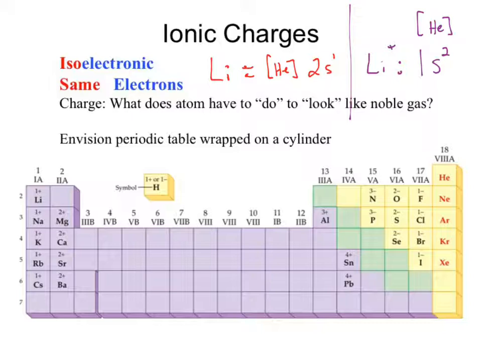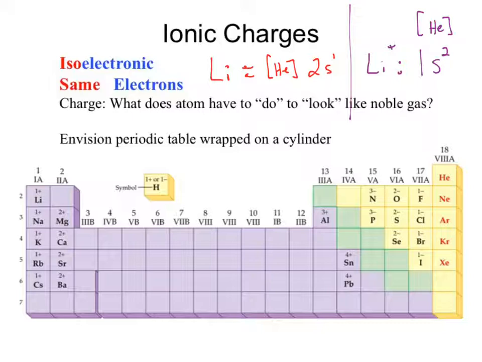We've saturated our orbitals within that energy level. Nice and symmetrical, beautiful looking. So our lithium atom wants to look beautiful, so it'll change its structure however it can to still stay lithium, but now look like the noble gas. Helium happens to be the closest one.